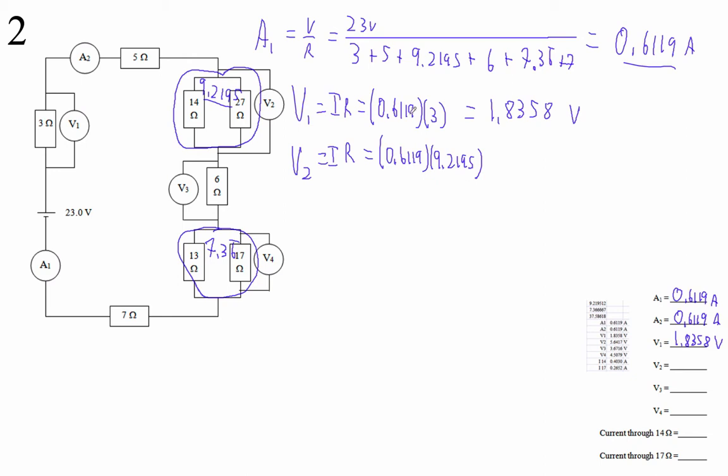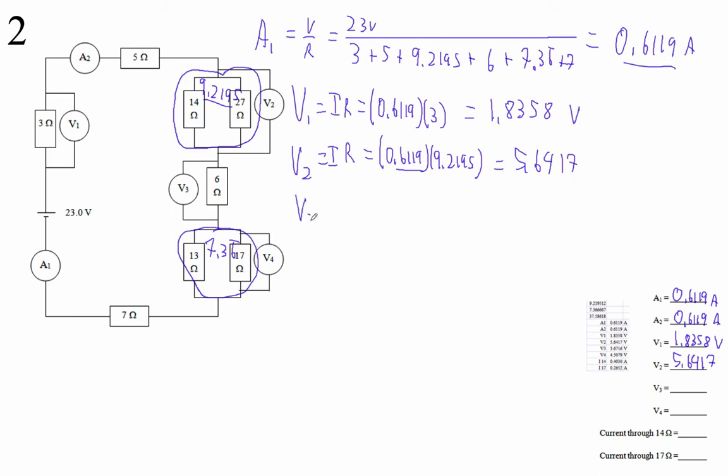If I go up arrow, grab this whole number, times, now I'm going to go up arrow again and grab the other number, the 9.2195, and that equals 5.64166. I'm going to say 5.6417.